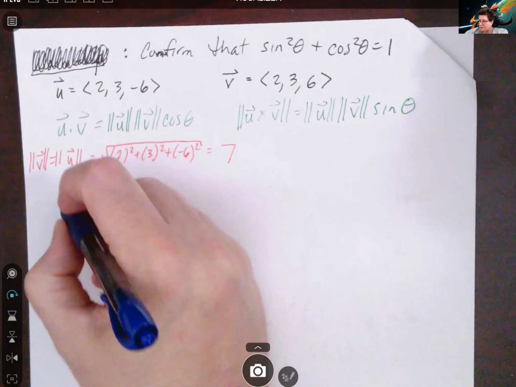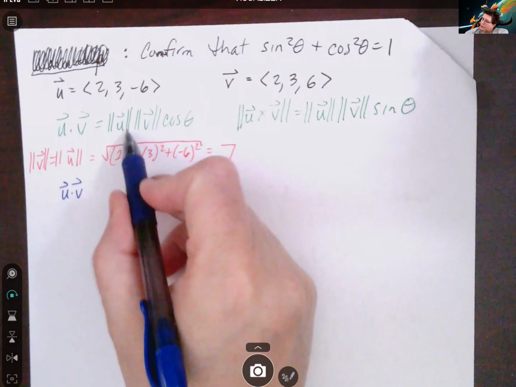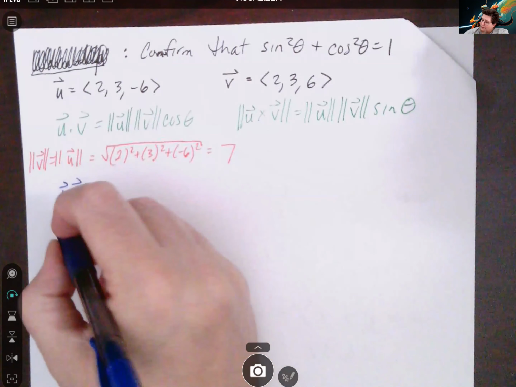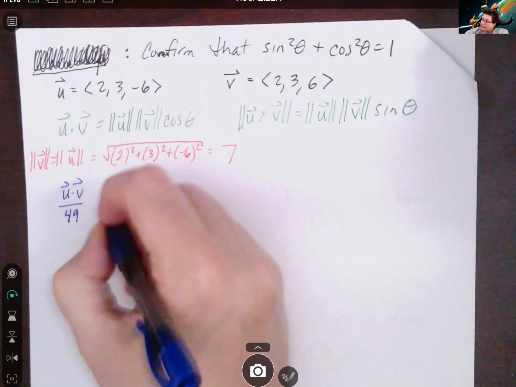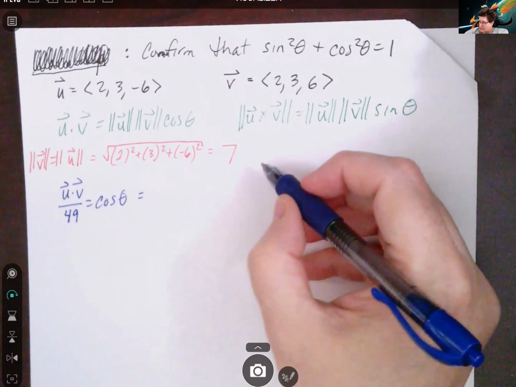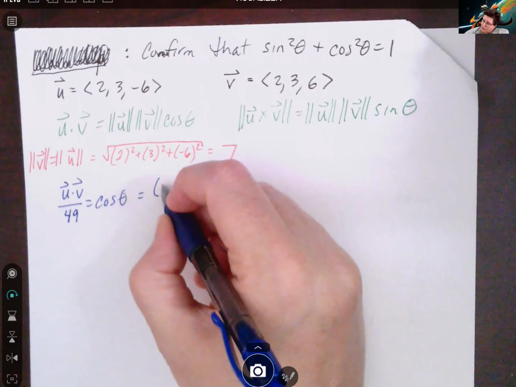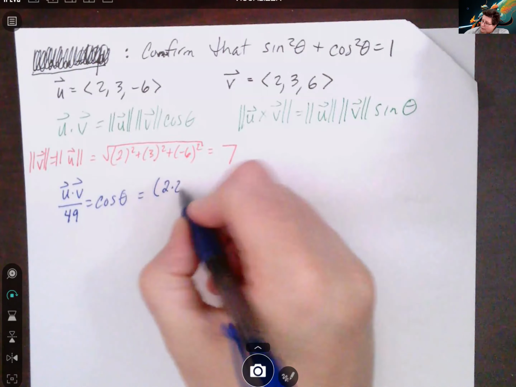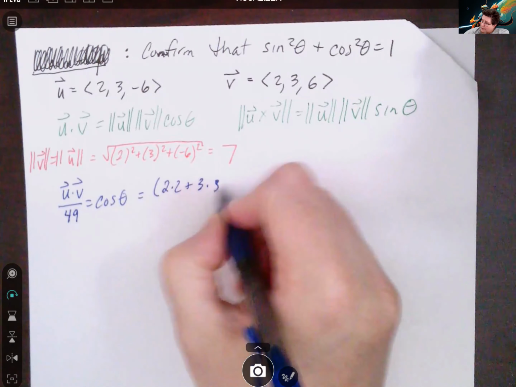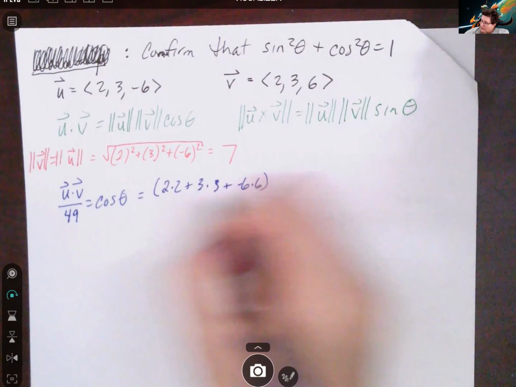So we've got U dot V. If I divide through by the magnitude of U and the magnitude of V, it's really 7 times 7, which is 49. That's my cosine theta. So U dotted with V is 2 times 2 plus 3 times 3 plus negative 6 times 6, over 49.